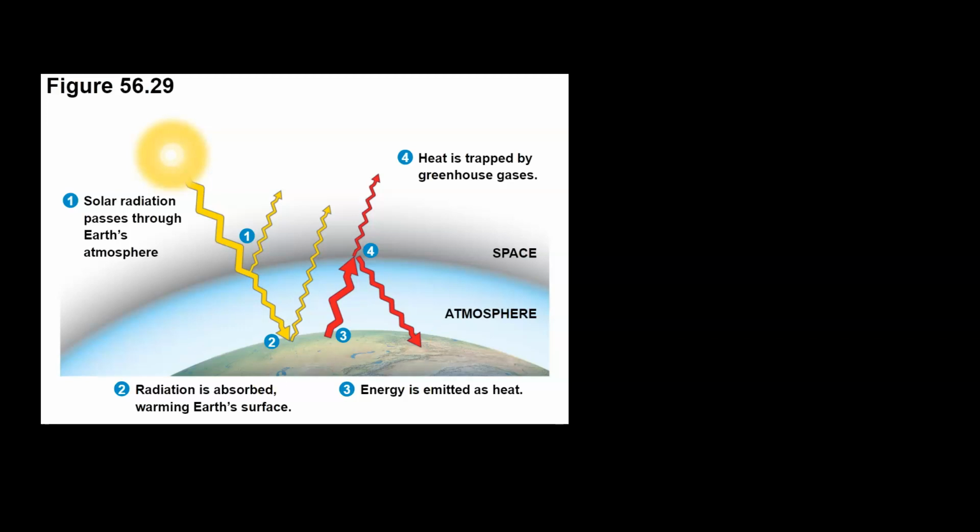So this increasing concentration of greenhouse gases has caused the average global temperature to increase by almost a full degree Celsius since the 1900s. And an additional rise of at least 3 degrees Celsius is predicted by the end of the next century.